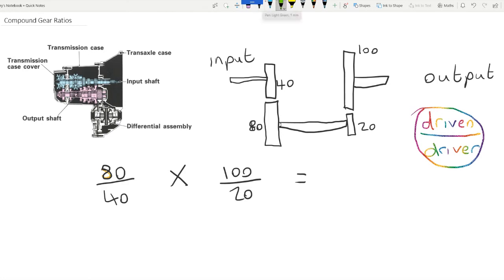Okay, so underneath, I'll do a different colour so we can see what's going on. 80 divided by 40 is gear ratio 2. So 40 goes into 80 twice. And I multiply that by 100 divided by 20. So 20 goes into 100 5 times. And that is going to equal 10.